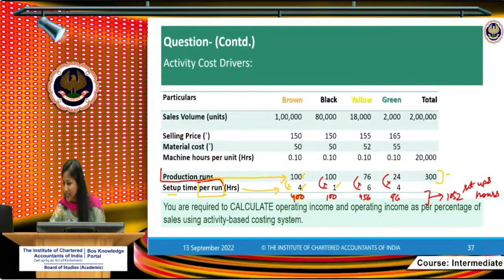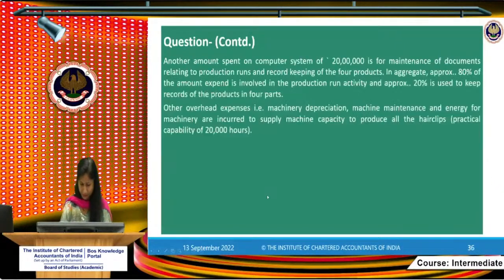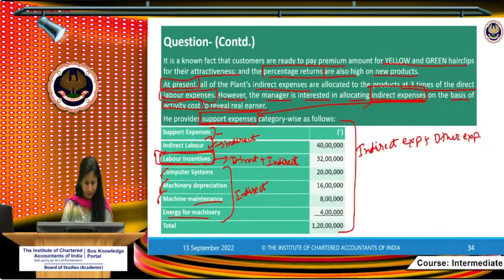Okay, Roshni is asking why incentives are added to indirect labor. Very important point, because students may get confused here. Let's see, what information did we have? Indirect labor was here. Next expense was labor incentive.